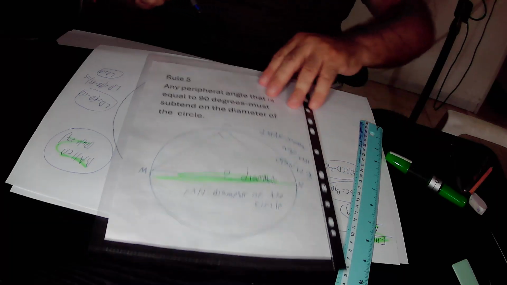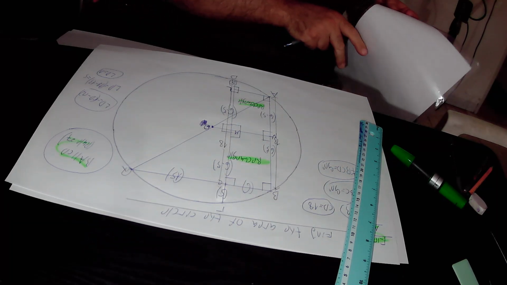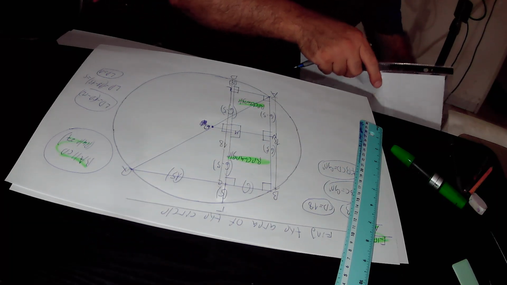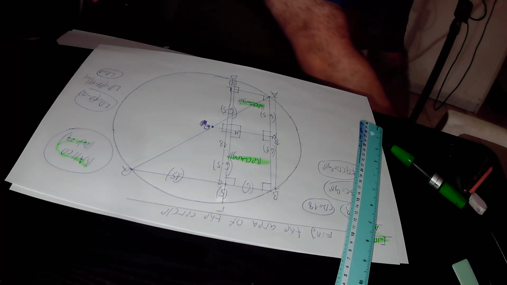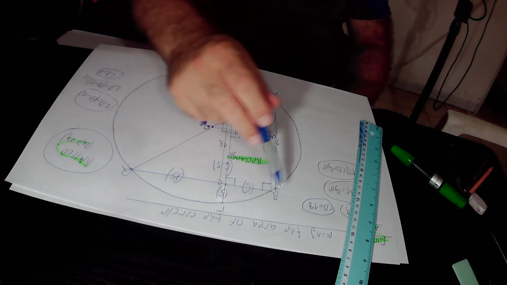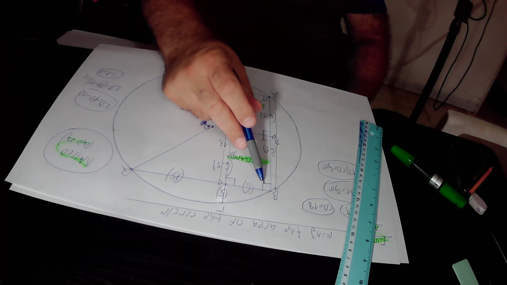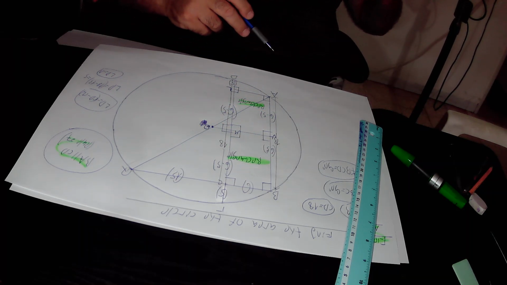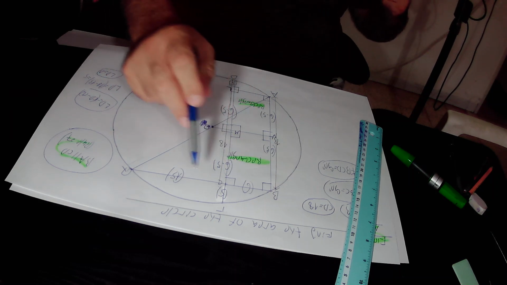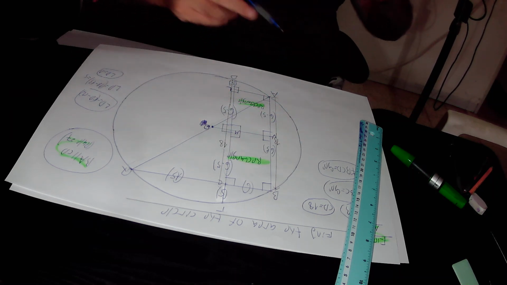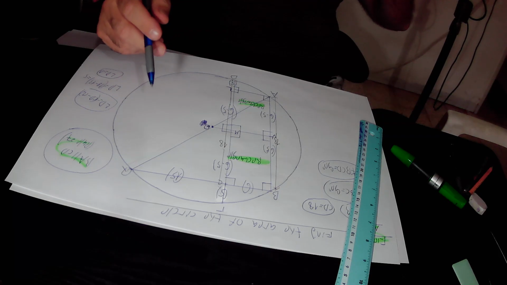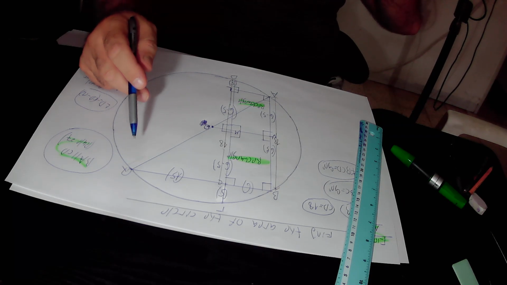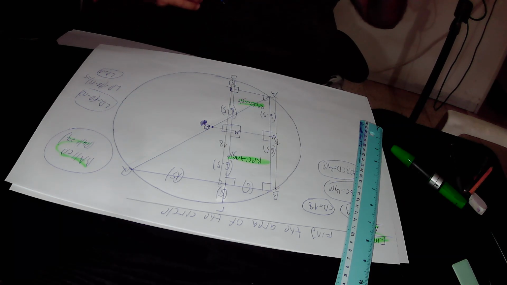So we can implement rule 5 in our drawing, because we have peripheral angle QBA that is equal to 90 degrees in size, and therefore it must subtend on the diameter of the circle. Peripheral angle QBA subtends on QA, therefore according to rule 5, chord QA must be the diameter of the circle.